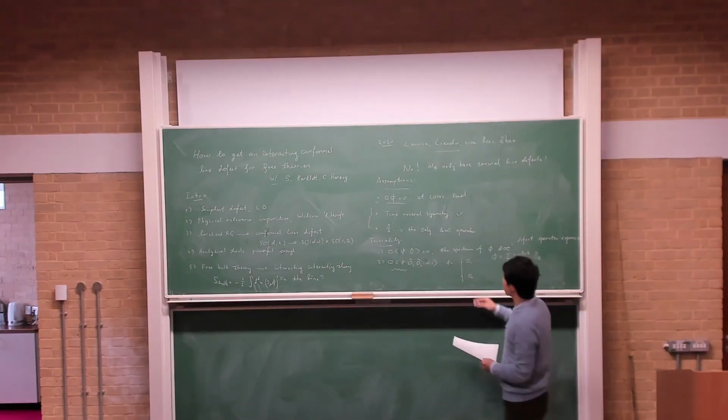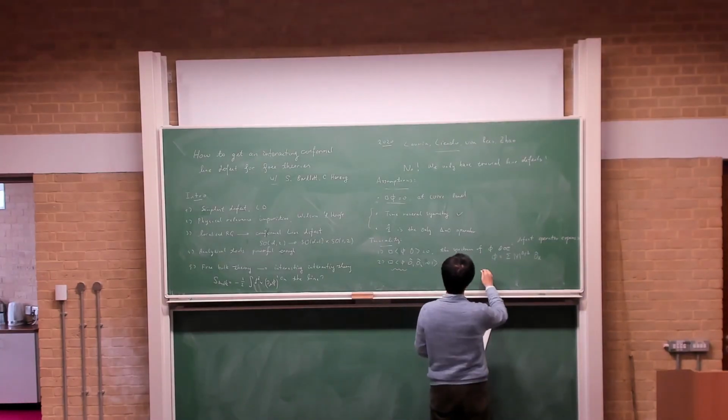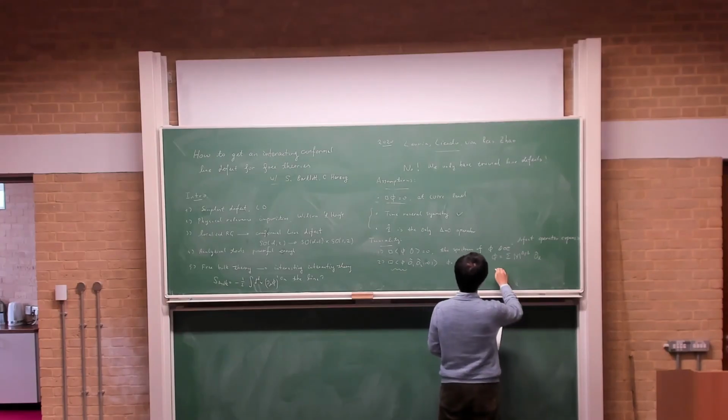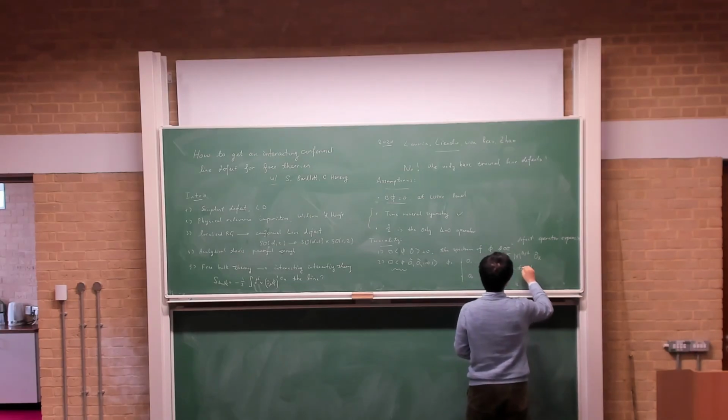And to kill this unphysical singularity, they get something called the double twist condition.